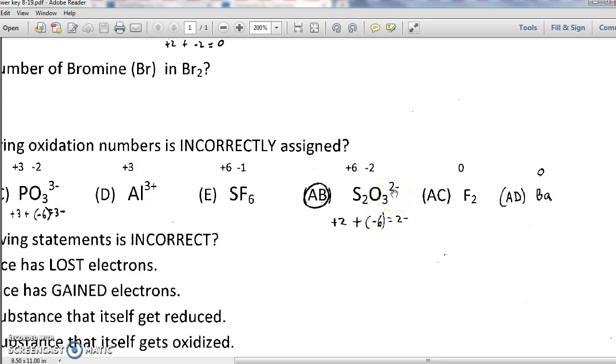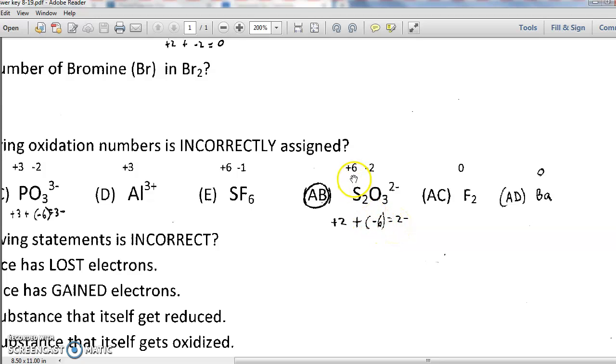Overall, this is the thiosulfate ion, which is 2-. Overall, the oxidation numbers need to add up to -2. Again, they wrote the 2- here. That minus should be over here, -2. So if the oxygens add up to -6, that means the sulfur would have to be +2, because 2 sulfurs at +2 is +4. +4 minus 6 is -2.